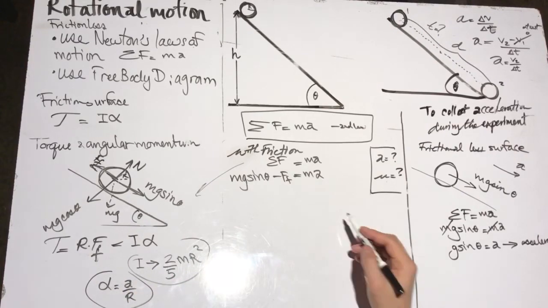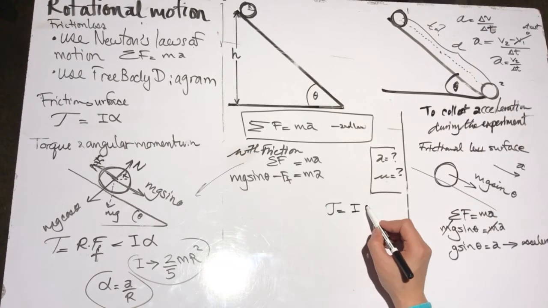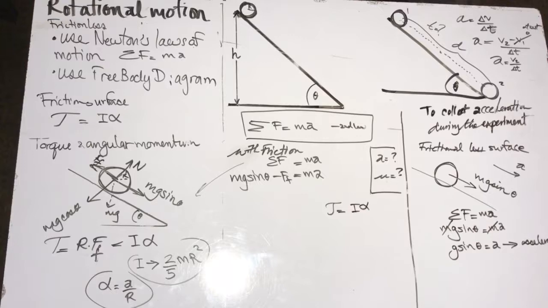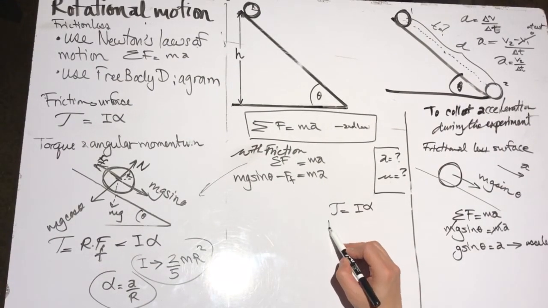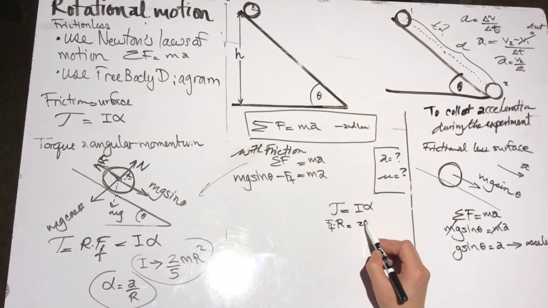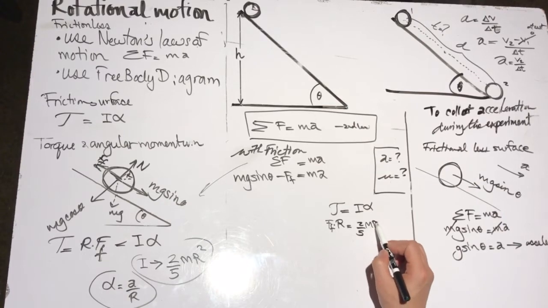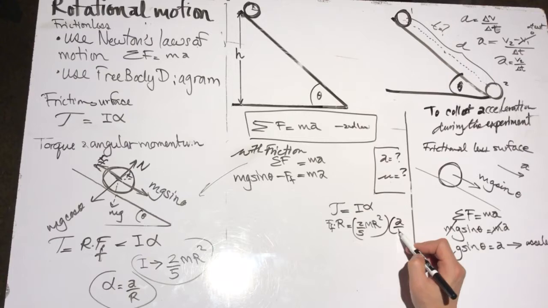So I'm going to draw it over here. Torque is equal to inertia times angular acceleration. So torque is also equal to frictional force times radius is equal to I, which is 2/5 mr squared, times a divided by radius.